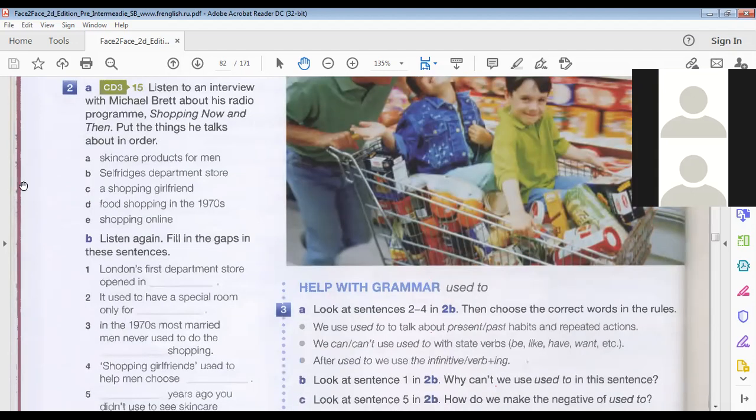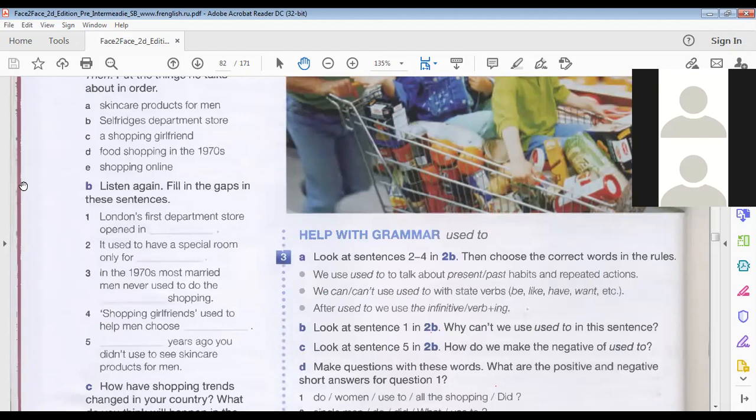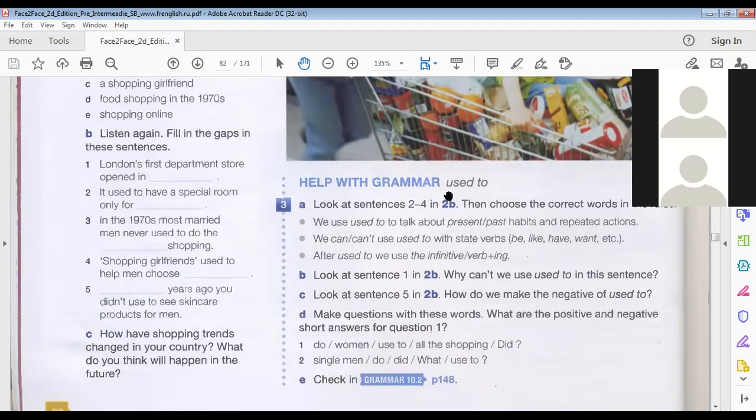And we also talked about how to talk about past habits using used to. So if you want to talk about any kind of habit or something that happened in the past repetitively, something that happened more than once, you can always use used to.